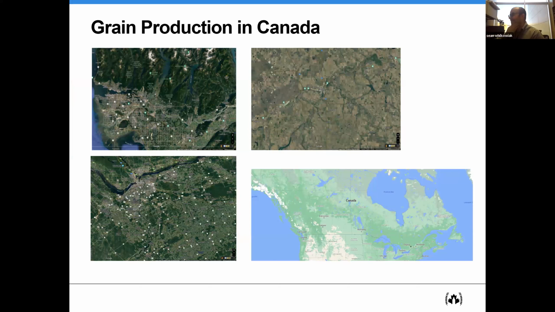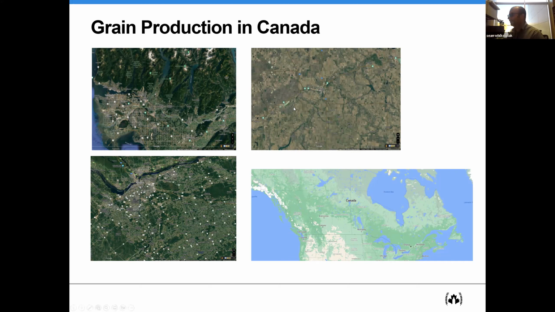So to give you an idea of how massive it is, these images are all roughly to the same scale. Here you have Vancouver, and here you have Ottawa, where I grew up. I actually grew up on the east end over here. And then here you have Swift Current. You have entire fields that are thousands of acres for an individual section of land, and they're the size of entire subdivisions in some of our largest cities in Canada.